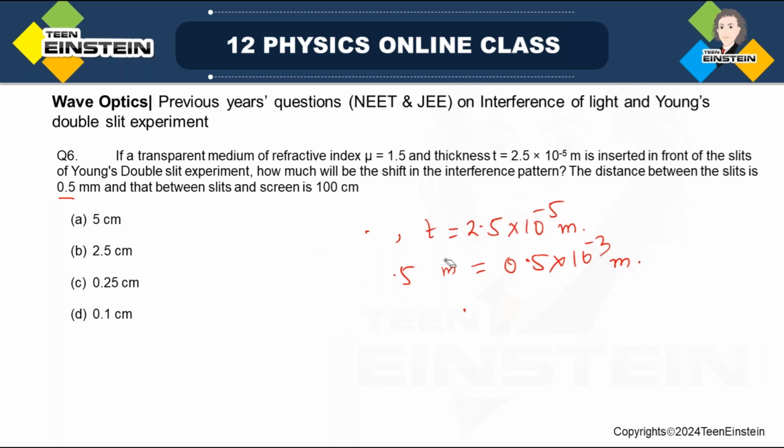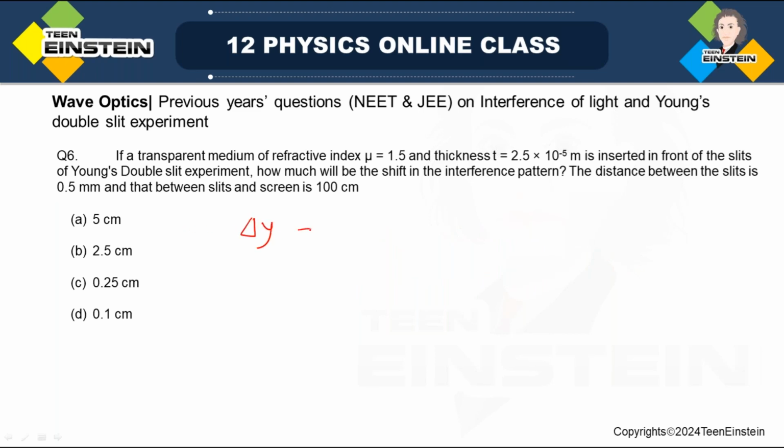I have been given these things here. Okay, I can take from the question itself. Look, this delta y, that is the shift in the fringe pattern, is given by D into mu minus 1 into thickness divided by small d.